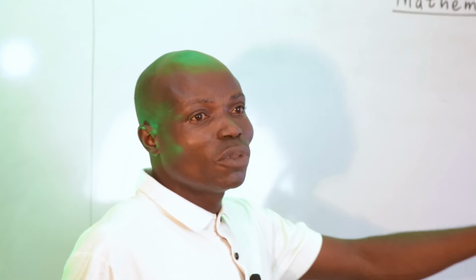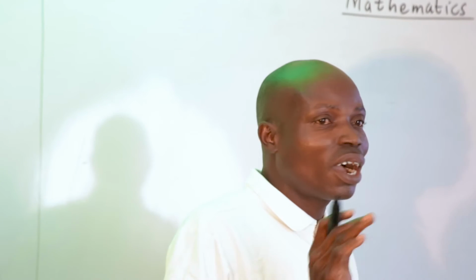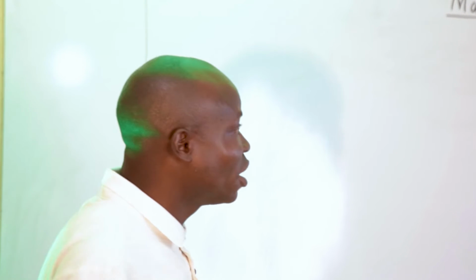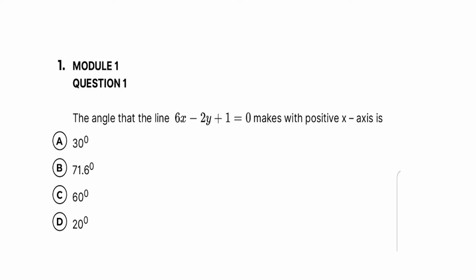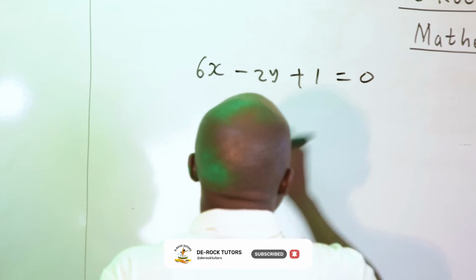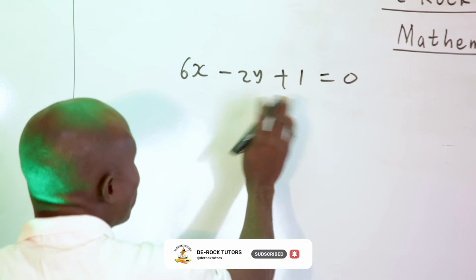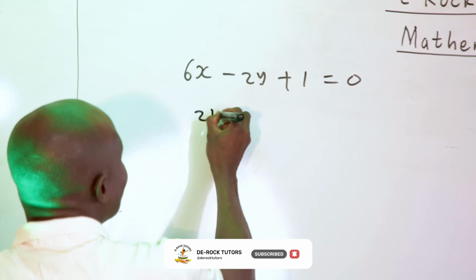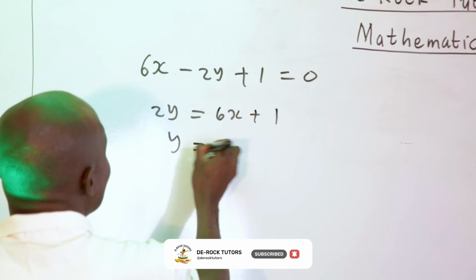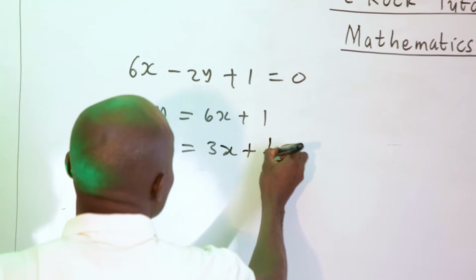In this case, we have to make y the subject of the formula and recall the general expression for linear equations. To start with, we have 6x minus 2y plus 1 equals 0. Making y the subject, we obtain 2y equals 6x plus 1, and y equals 3x plus 1 over 2.